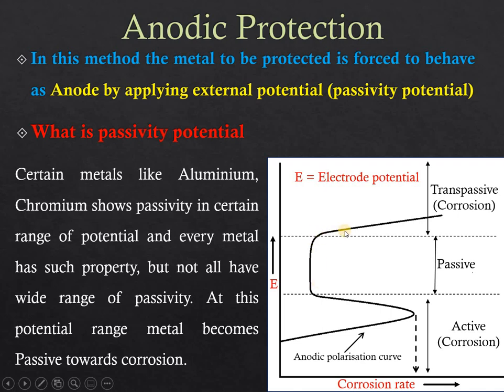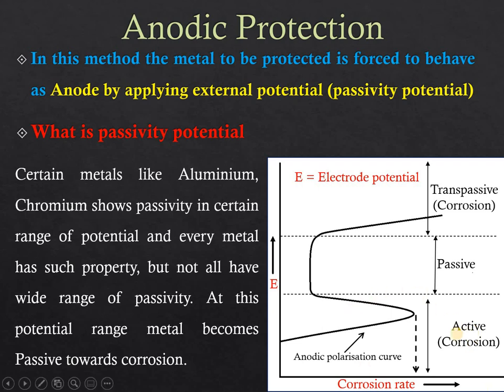After this passivity potential, if you increase the electrode potential, then the metal will again show an increase in the rate of corrosion. So with respect to the applied electrode potential, there are three zones which show different corrosion behavior of the metal.